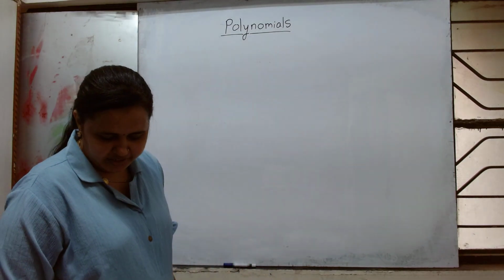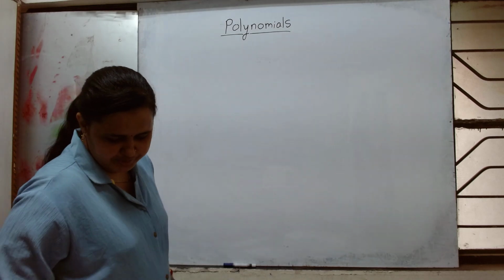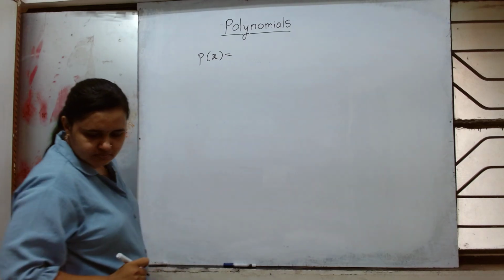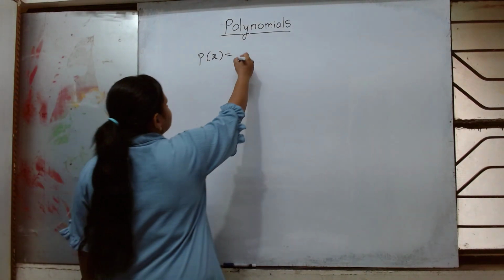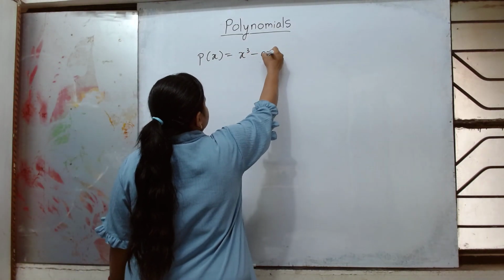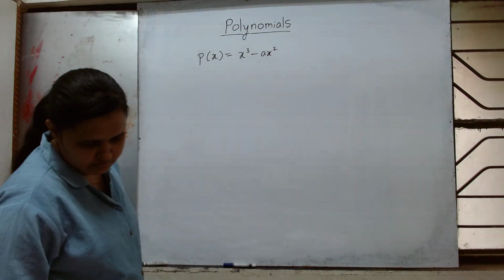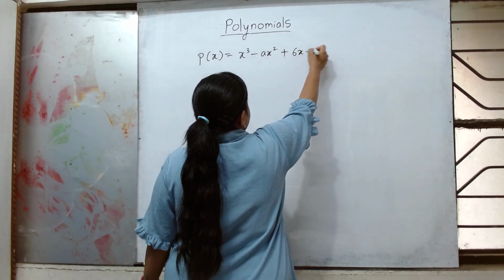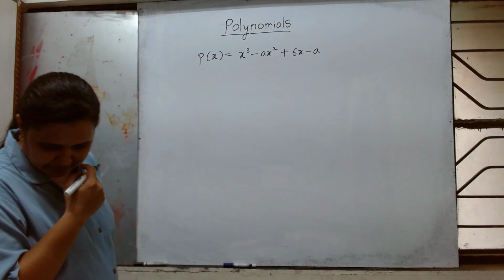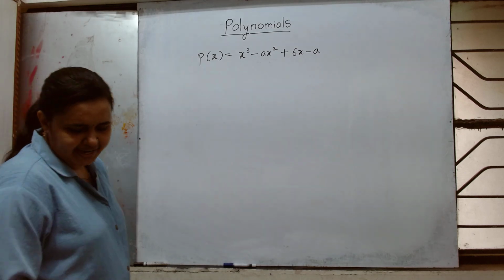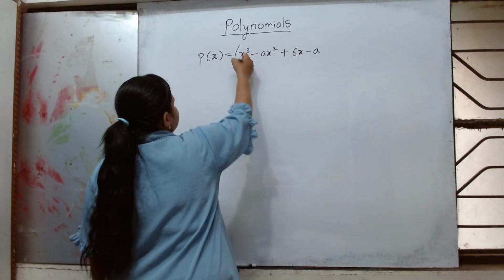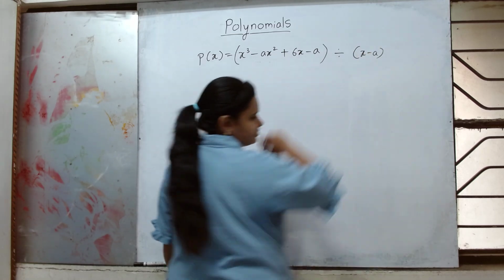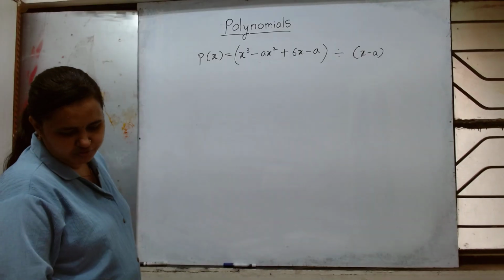Now 12, the remainder. We have to find the remainder. If p of x equals x cube minus ax square plus 6x minus a, when this polynomial is divided by x minus a, we have to find the remainder.